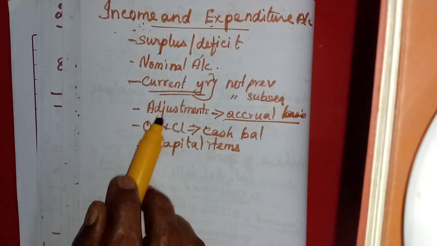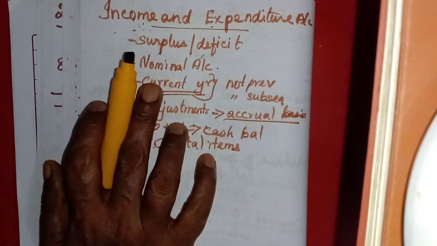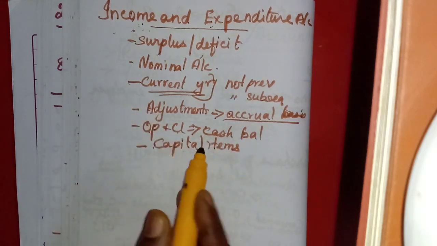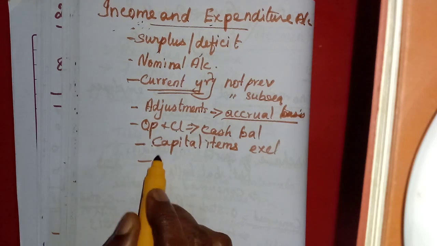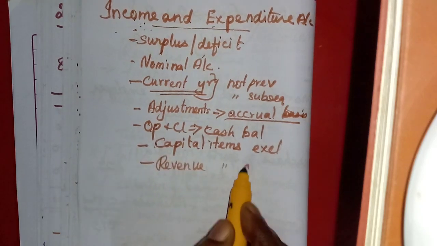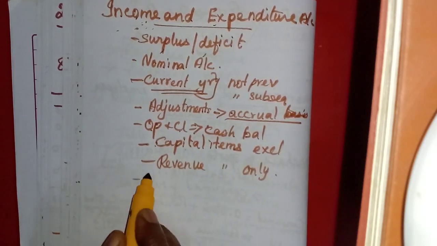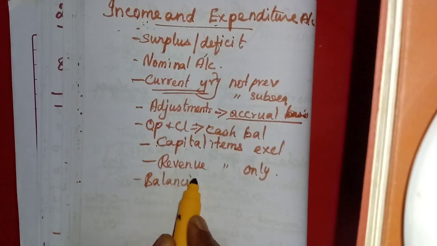Then after entering all these things, the current year's income and expenditure of revenue nature alone, capital items should be excluded, but what should be included? Only revenue items must be recorded. Then at the last, how will they balance?